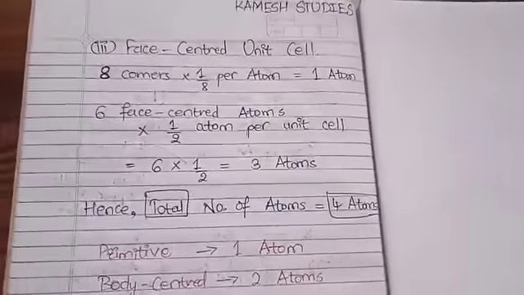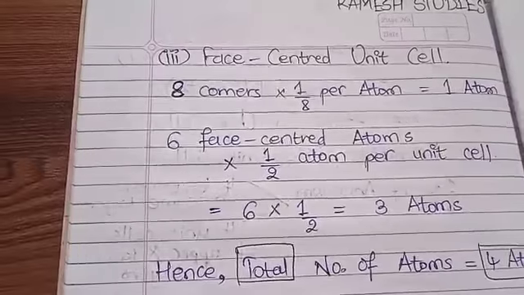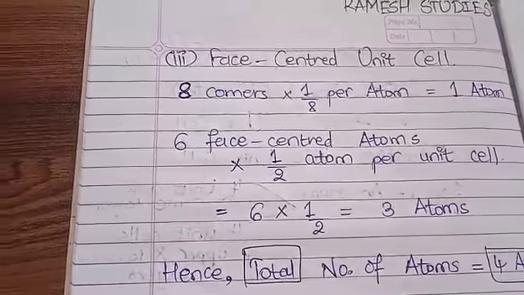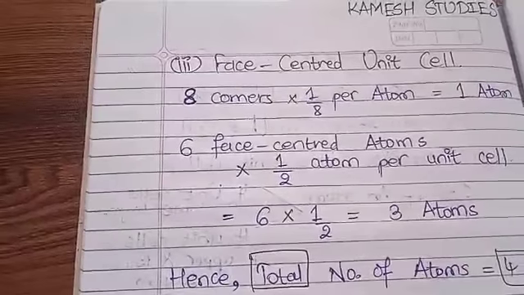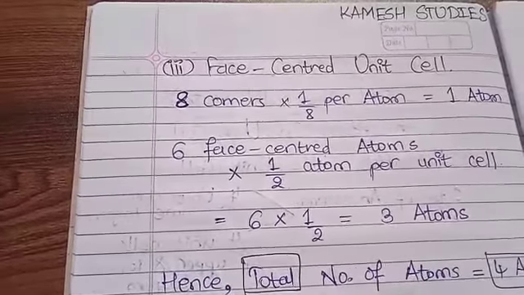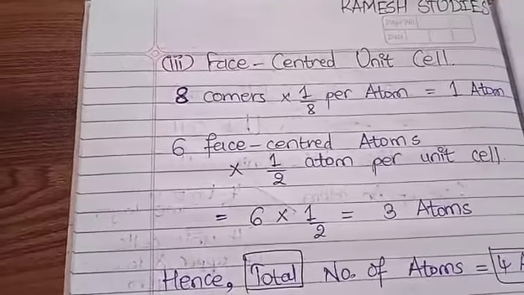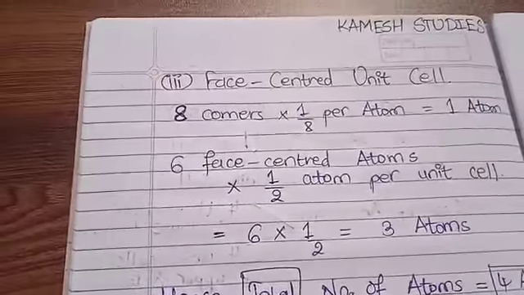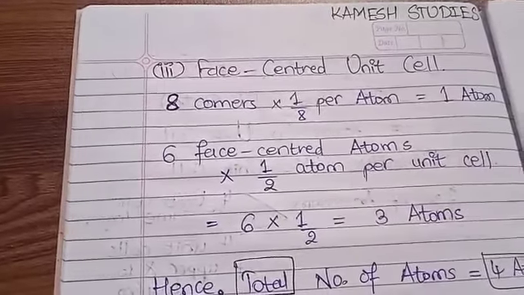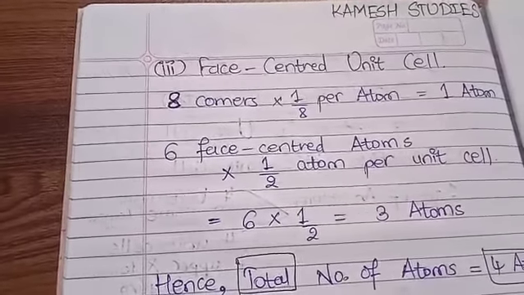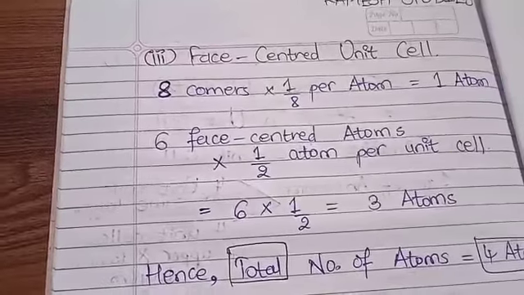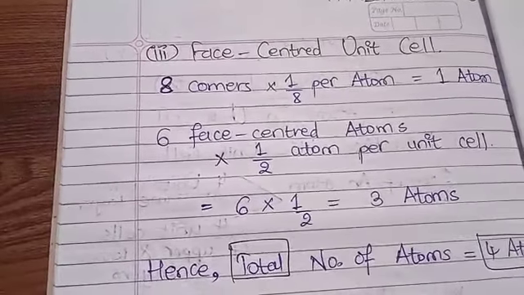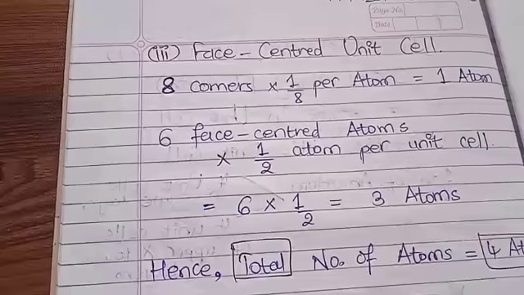So what this says is, face centered unit cells are those unit cells where I can find atoms on the corners, as well as on every face, each containing one of the atoms. We are having 6 faces, and each is shared between adjacent atoms.